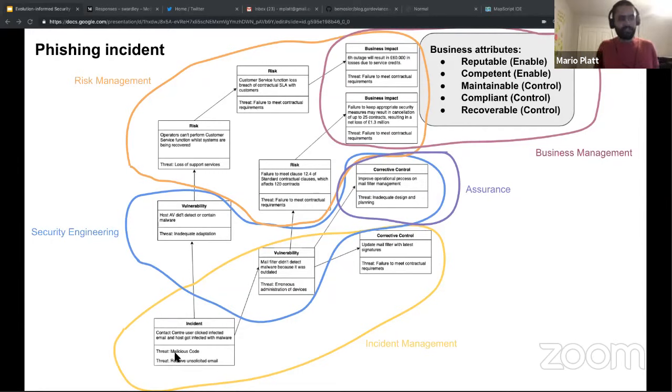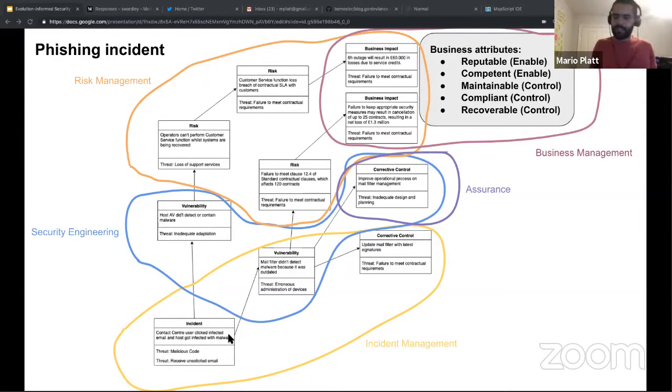You go to the catalog, and you can see that that concern, as exposed by the incident manager, is about the threat of malicious code and receipt of unsolicited email. You go to the taxonomy; those exist, and you use them as metadata. This is the concern that I'm concerned with.